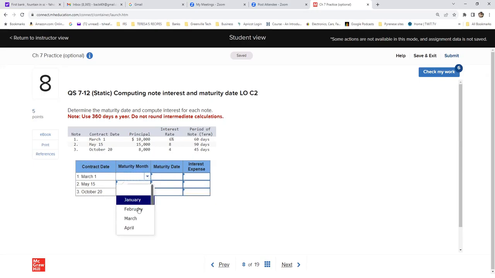That's pretty safe. We know it's going to be at the end of April. May 15th, we count 90 days forward. That puts us in August. October 20th, if we count forward 45 days, that'll put us in November.